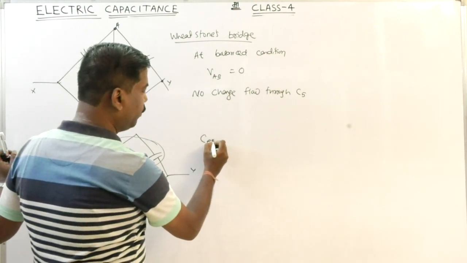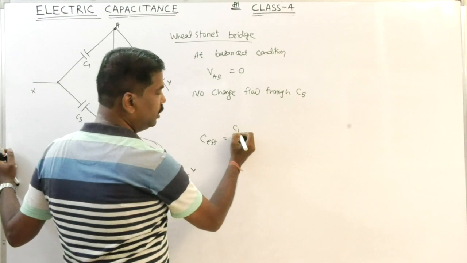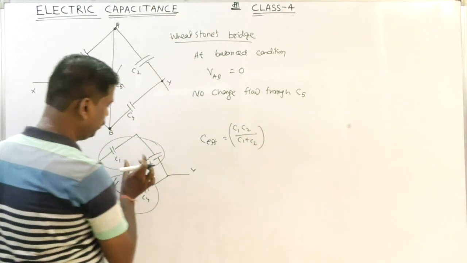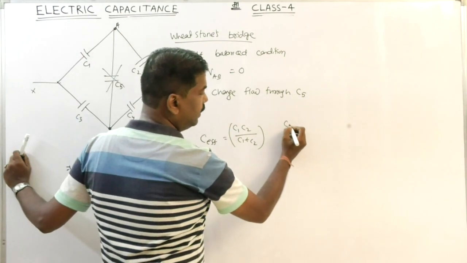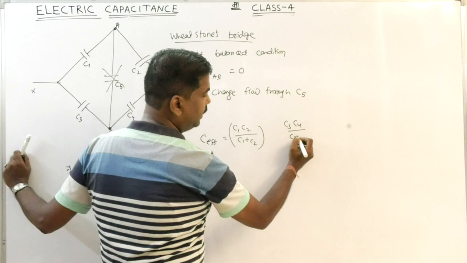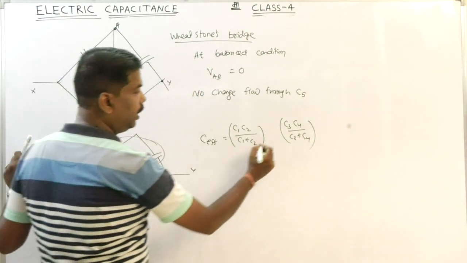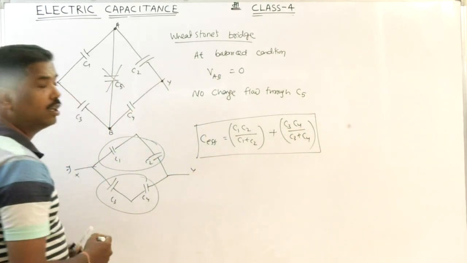Therefore, the effective capacitance becomes: for this series combination, the formula is C1 C2 by C1 plus C2, and for these two, C3 C4 by C3 plus C4. But these two combinations are in parallel, so the effective capacitance is the sum. Clear?